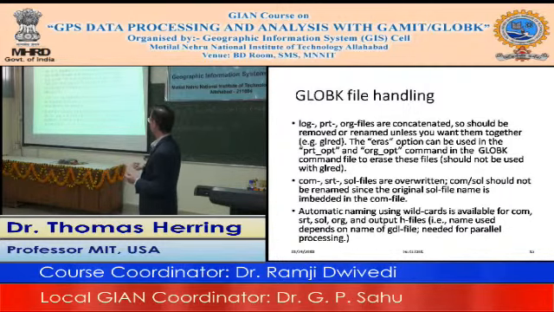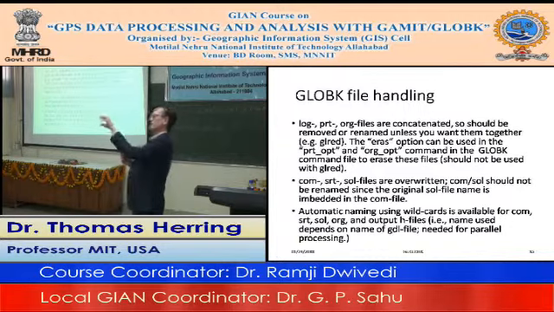There are automatic naming schemes using the wildcards that are available for all of these files. In fact, I think every file you can use wildcards in. And the standard wildcard we use is the ampersand symbol. You just say com file space ampersand .com. And then the ampersand gets replaced with whatever the name of your GDL file is, with the GDL removed from the end of it.